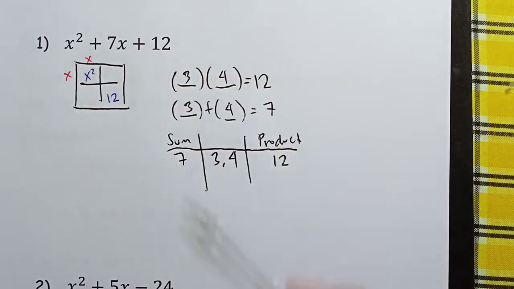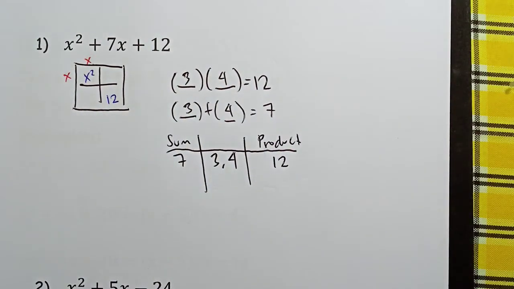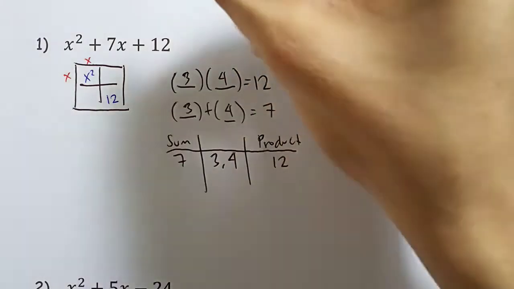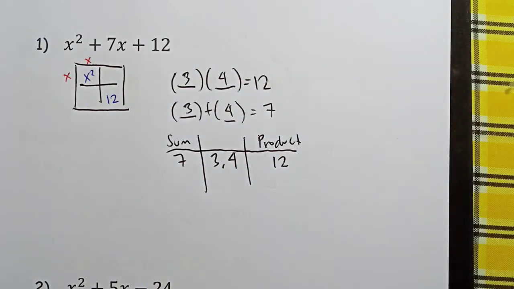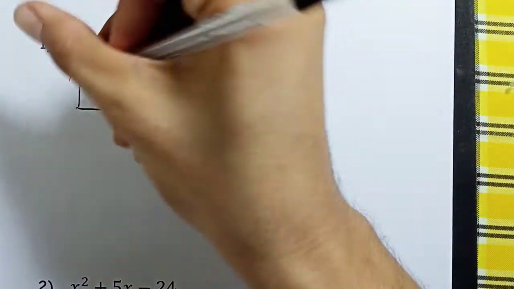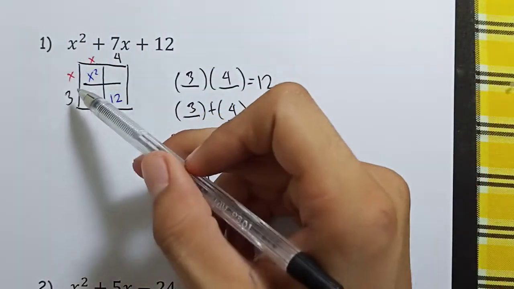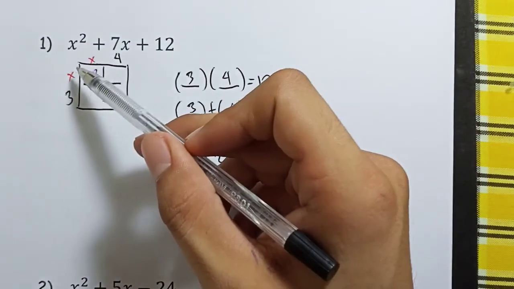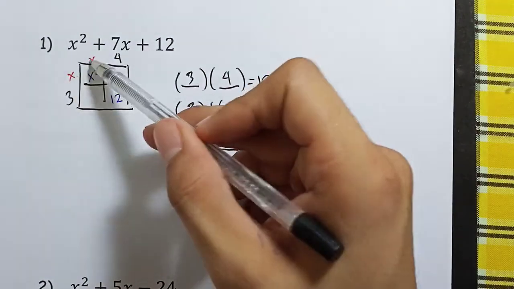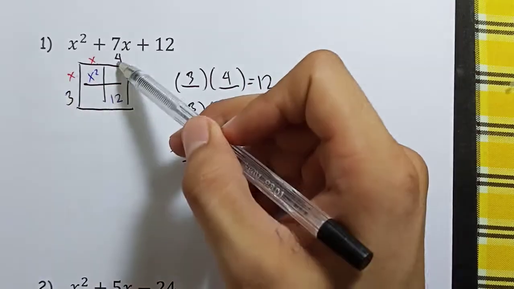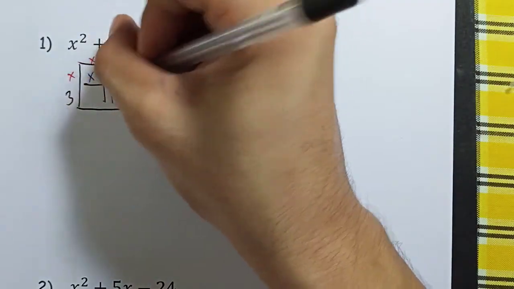Hinahanap natin na factors 3 and 4 with the given sum in the 2 remaining boxes. So, yung 3 tsaka 4. Ito kasi x times x, x squared. Ngayon naman, x times 4 is 4x.